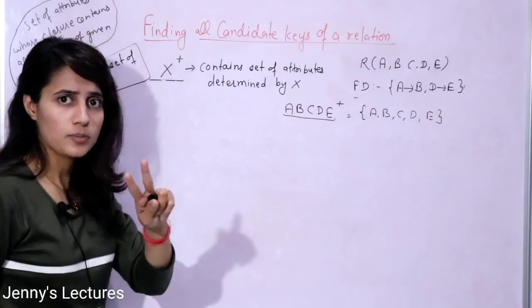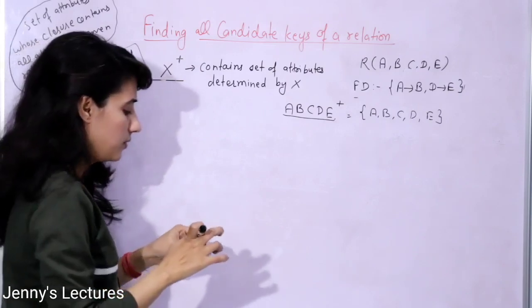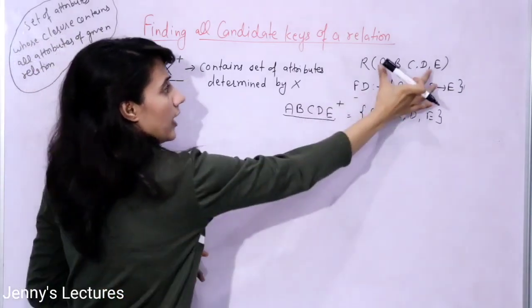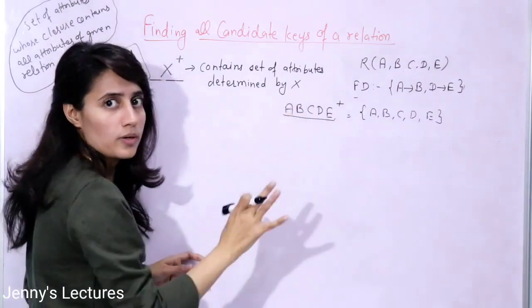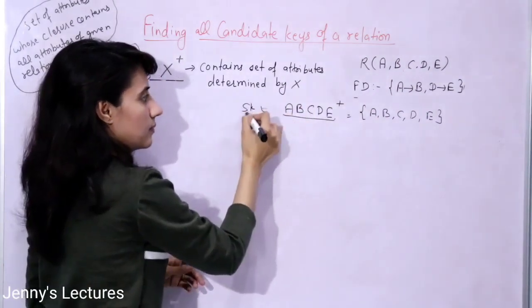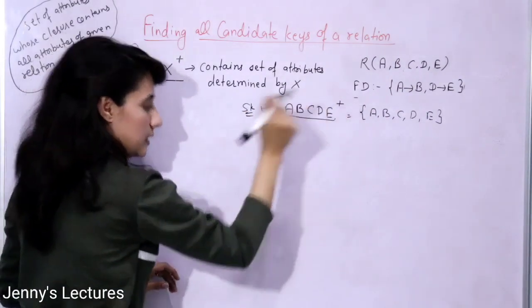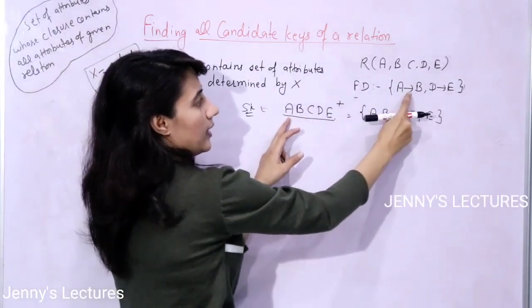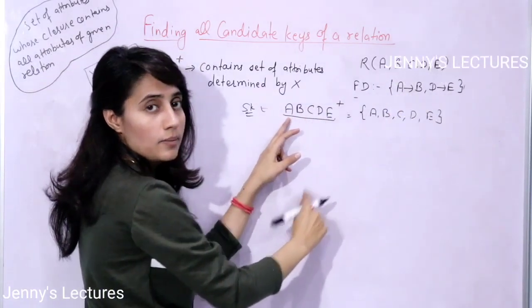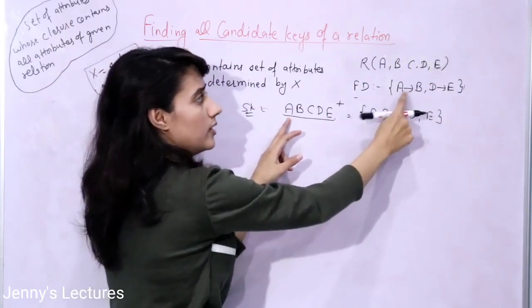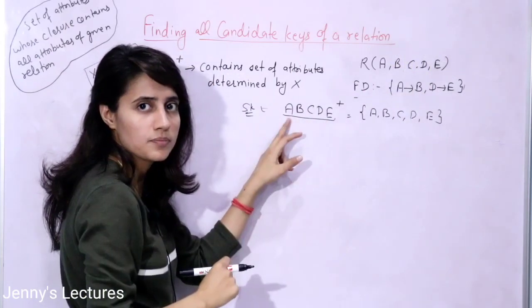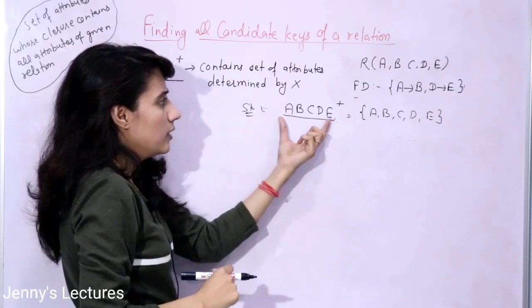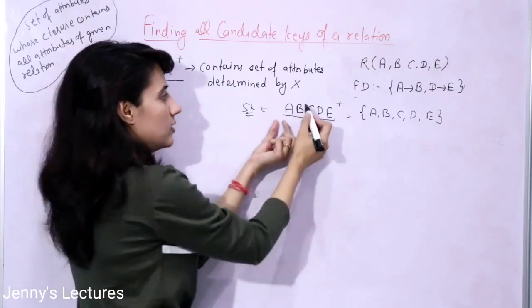It contains 2 steps. First step is this: take all the attributes, and definitely that would be a super key. Now check the dependencies. See, here A can determine B, meaning if you have A with you, then you can definitely determine B. And in the super key I have A, so can I discard B?